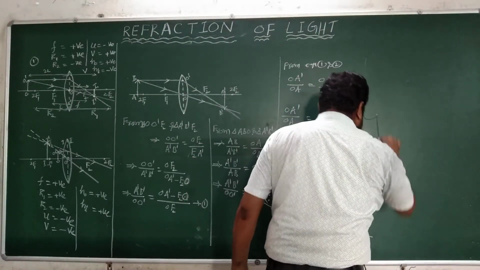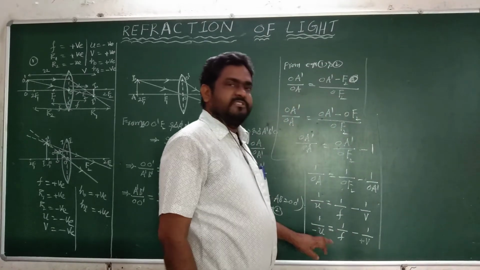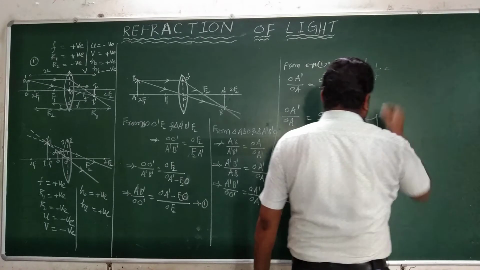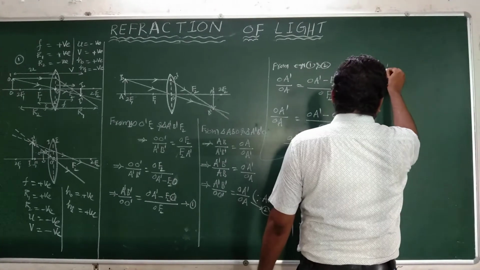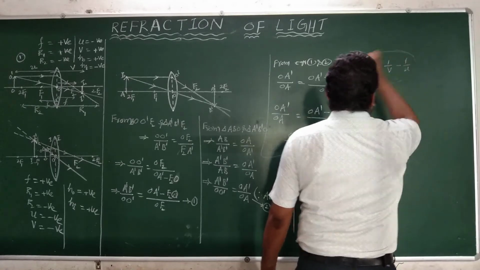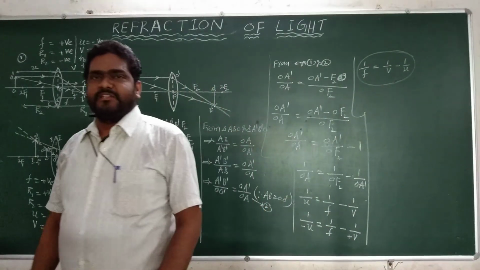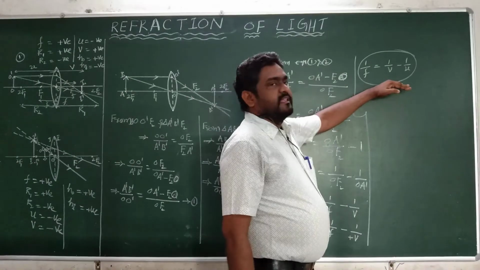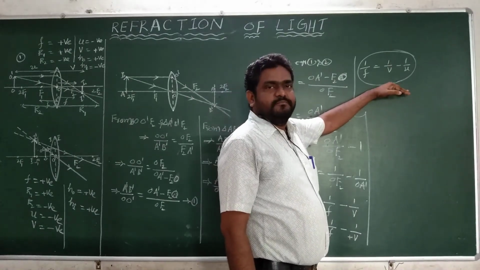From this equation, I want to write it like this: 1 by F equals 1 by V minus 1 by U. This is the lens formula.